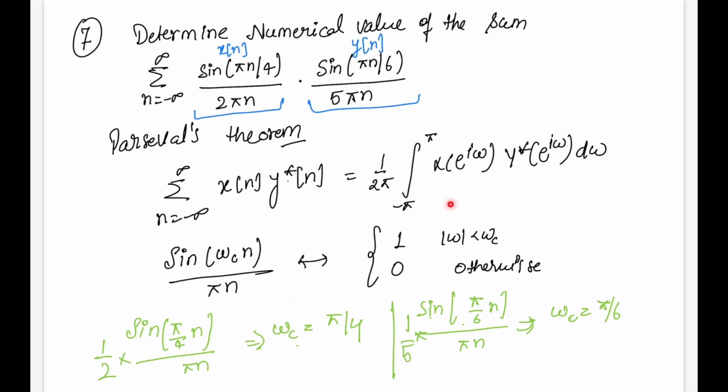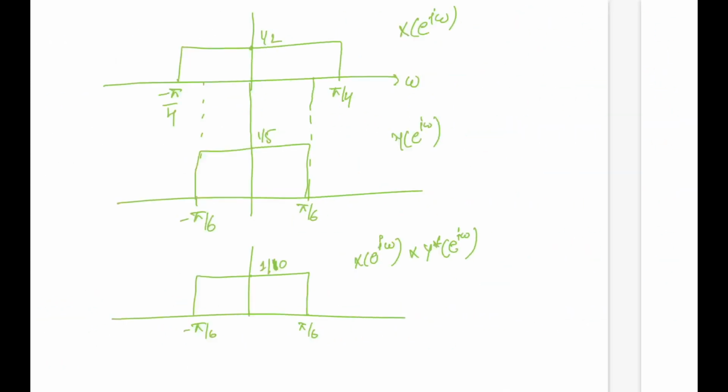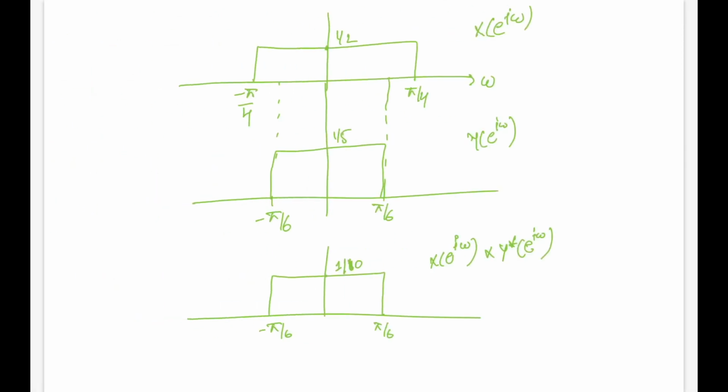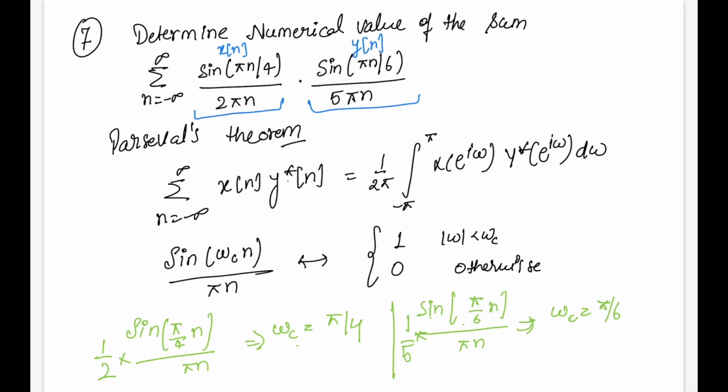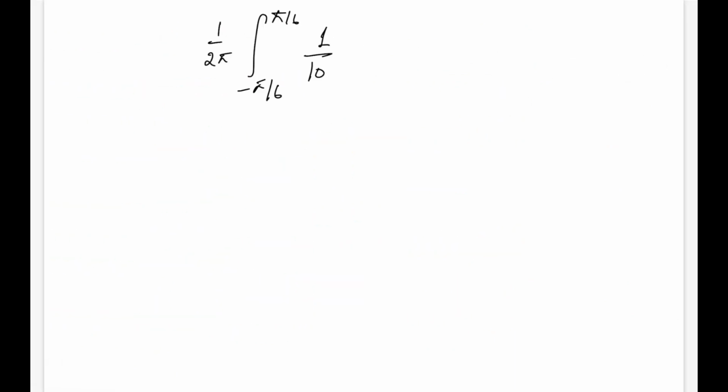So the final equation will be 1 upon 2π times the integral from minus π/6 to π/6, because this is non-zero only from minus π/6 to π/6, and its magnitude X into Y* is 1 upon 10, dω.